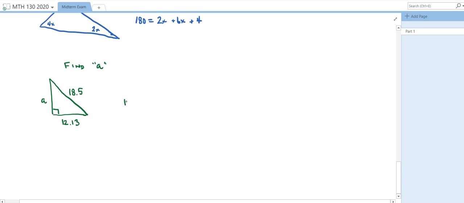We know that 18.5 squared equals 12.13 squared plus A squared.